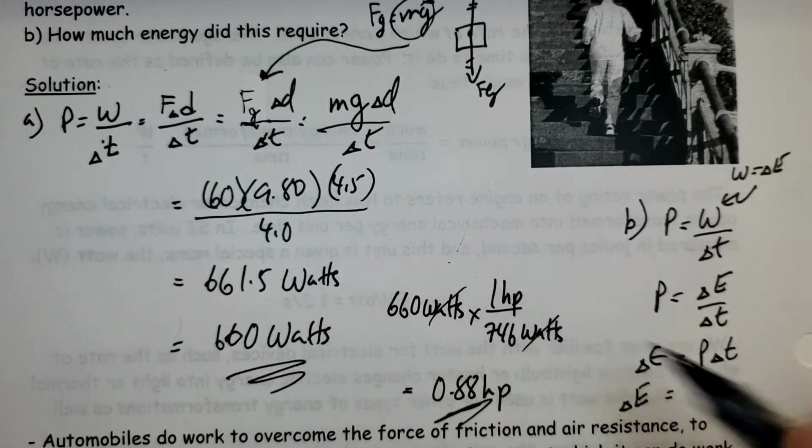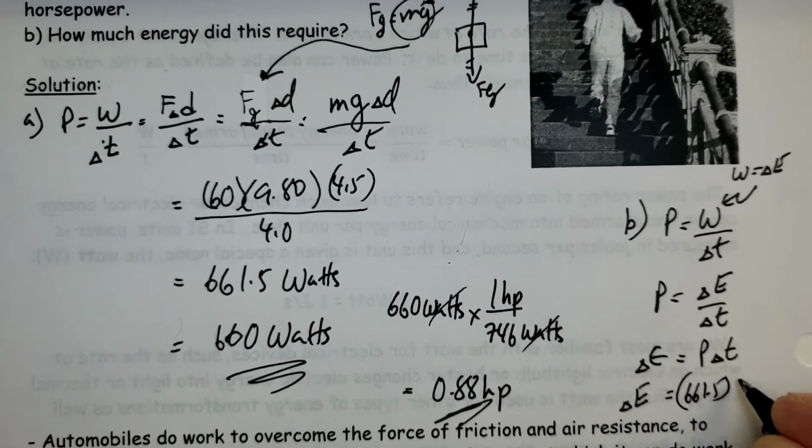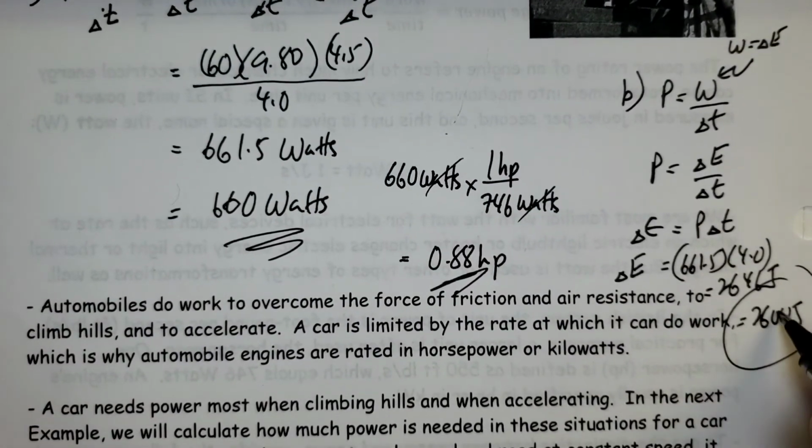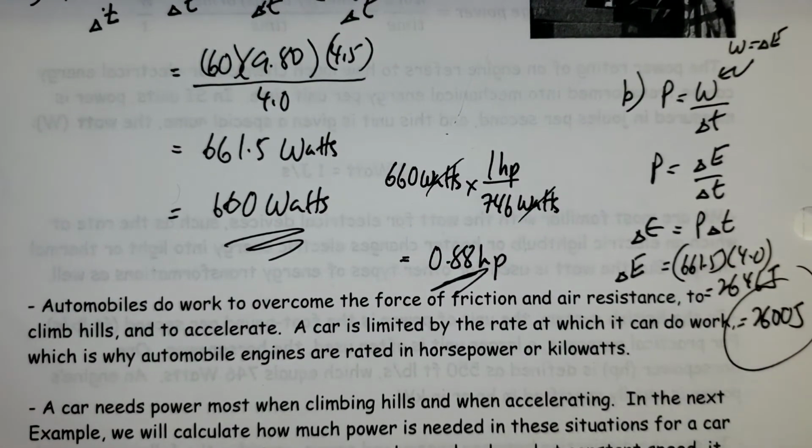If I use the non-rounded version here, 661.5 multiplied by 4 seconds, that's going to give me 2,646 joules, which is 2,600 joules rounded off. Okay, so that gives you an idea of some common values that you would use for that.